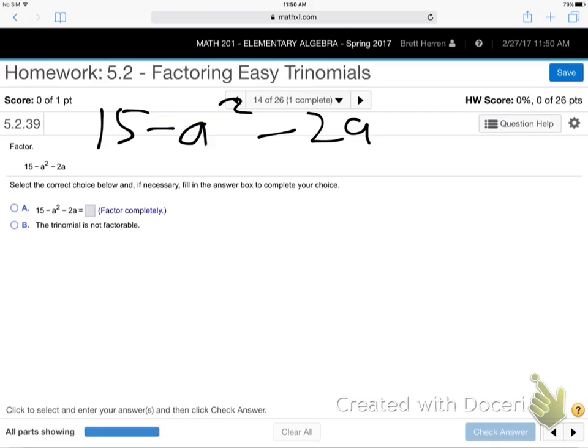What do we do first? Reorder it, right? Rewrite it. Do that first. Reorder it.